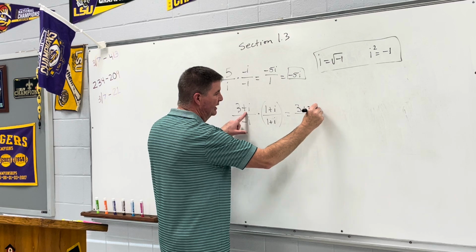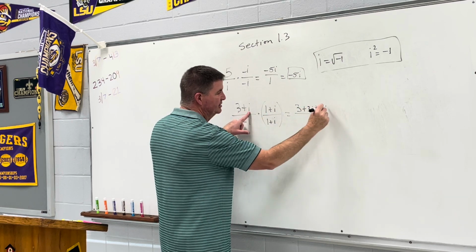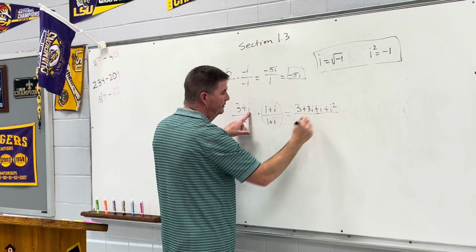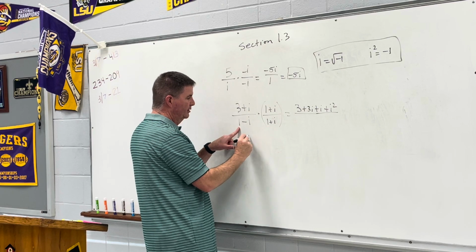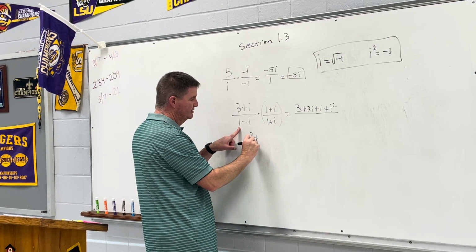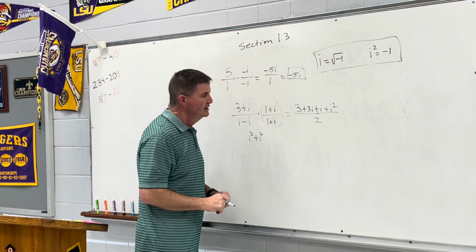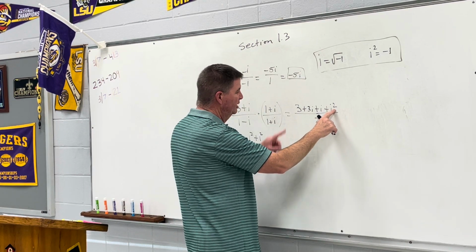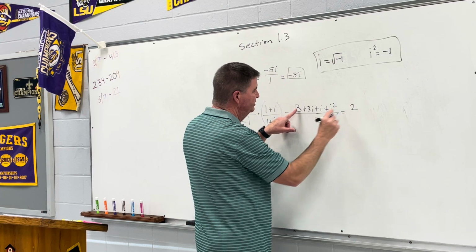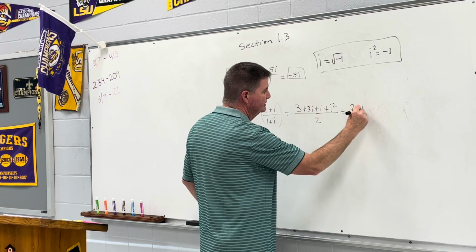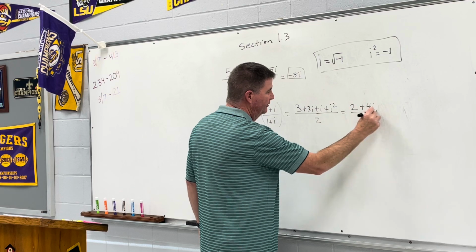Inside, so plus i. And then last, which is plus i squared. And that's going to be over 1 squared plus 1 squared, which is going to be what? 2. So here, this is going to be negative 1. 3 minus 1 is going to give me 2. 3i plus i is going to be plus what? 4i over 2.